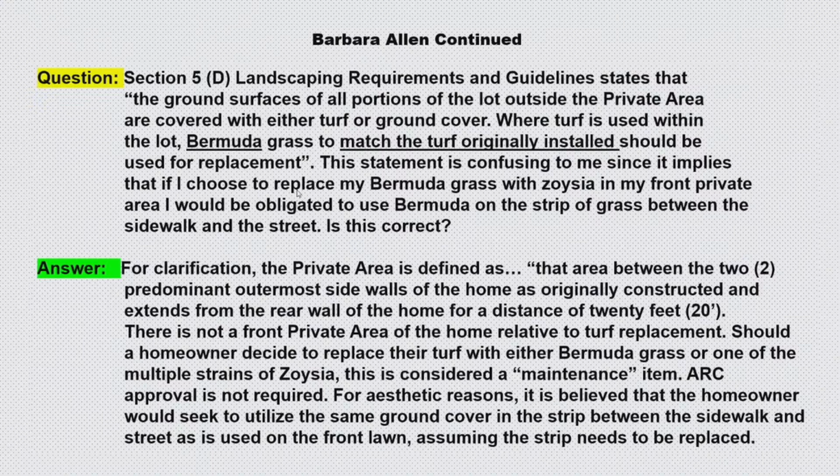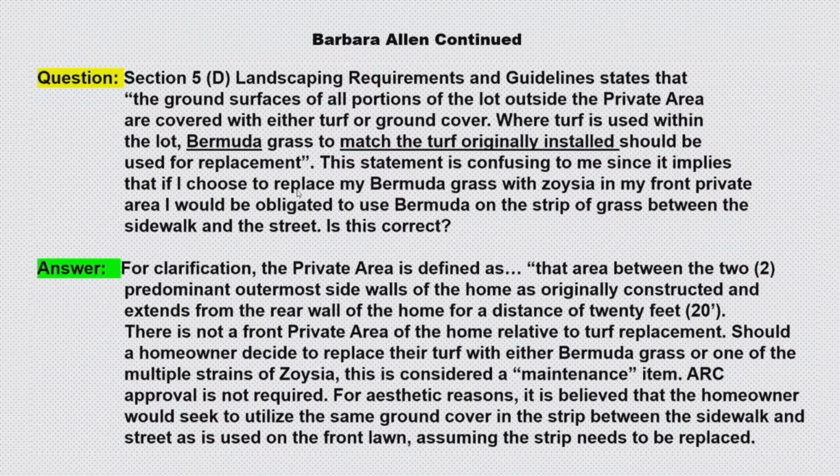For clarification, the private area is defined as that area between the two predominant outside walls of the home as originally constructed and extends from the rear wall of the home for a distance of 20 feet. There is no private area of the home relative to turf replacement, and no front private area.